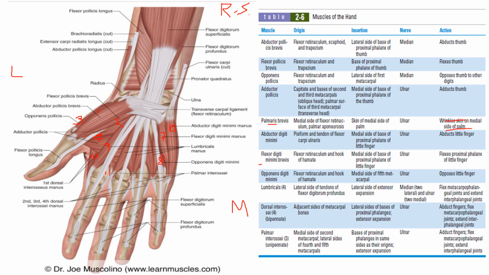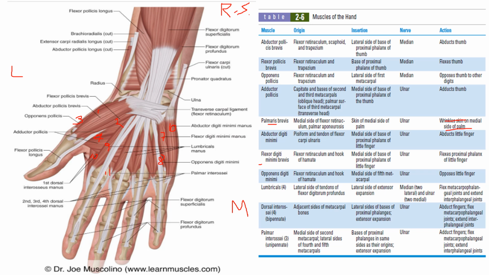Deep to the flexor digiti minimi brevis as well as the abductor digiti minimi is a special muscle over here called the opponens digiti minimi. It also originates from the flexor retinaculum and the hook of the hamate, inserts into the medial side of the fifth metacarpal, and is also innervated by the ulnar nerve.